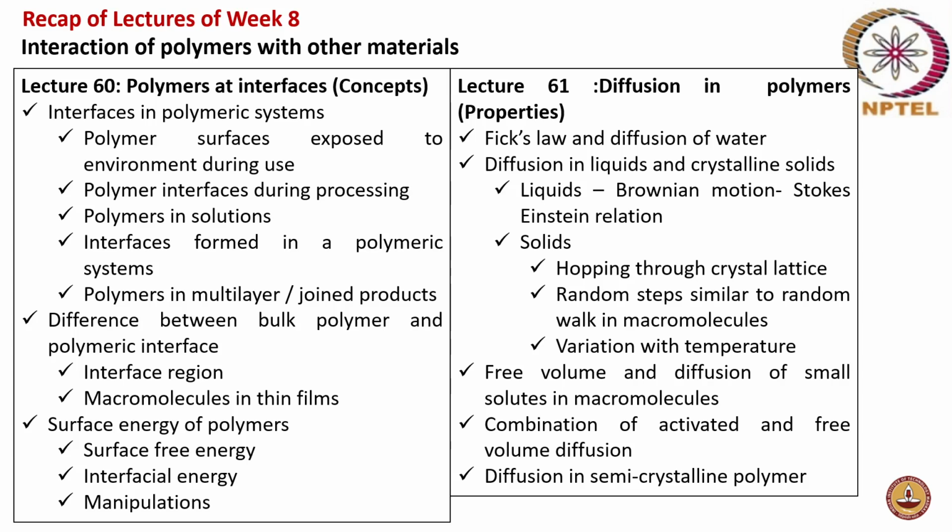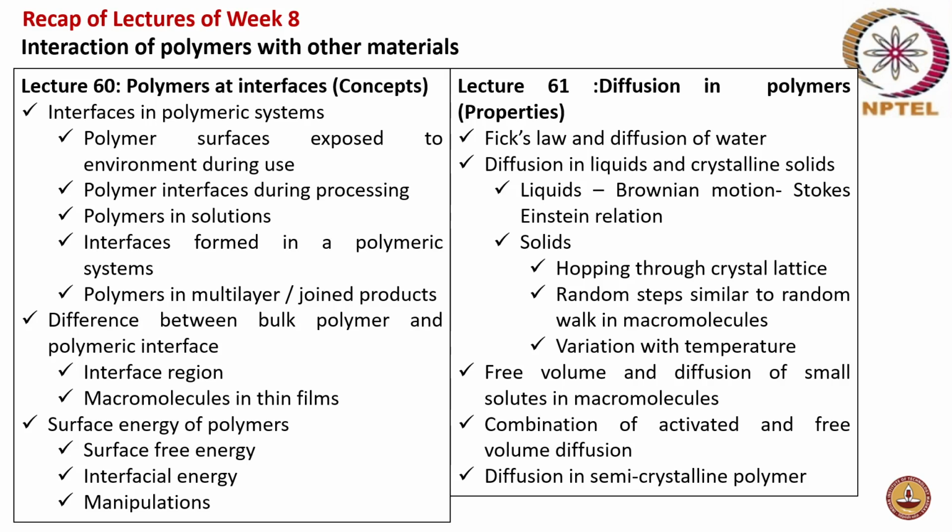Whereas in case of solids, you have a hopping of the small molecules through the crystal lattice. This hopping is very similar to random steps, very similar to your random walk model in macromolecules, right? And how is the variation with temperature of the diffusion in liquids and crystalline solids. So basic liquids and solids were discussed.